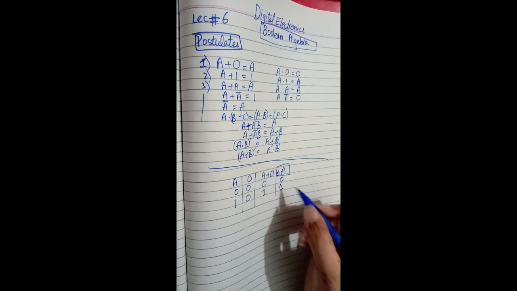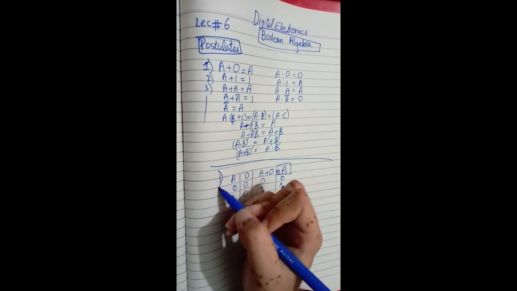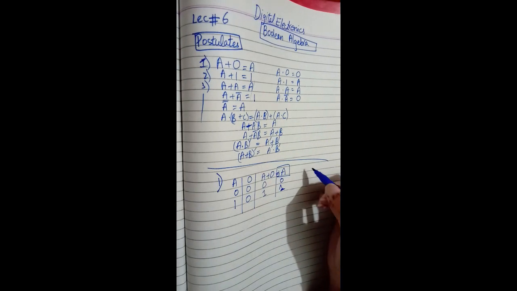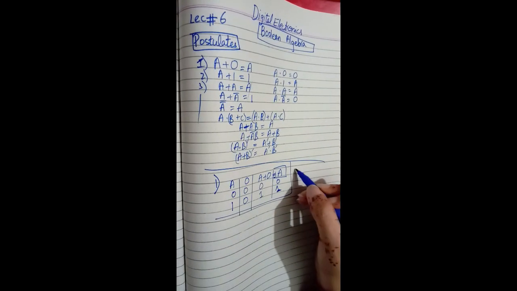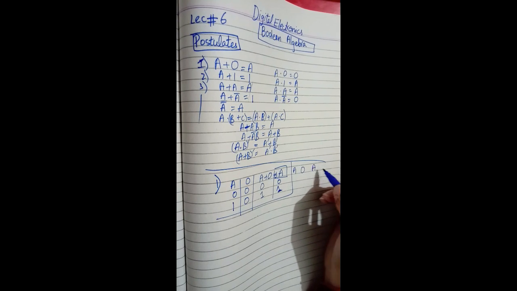You can see that the final result we are having is A by doing A plus 0, the first postulate. Like this, if we do it for multiplication, we have A and 0.